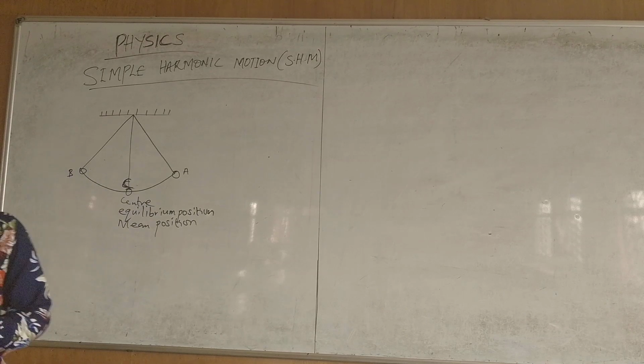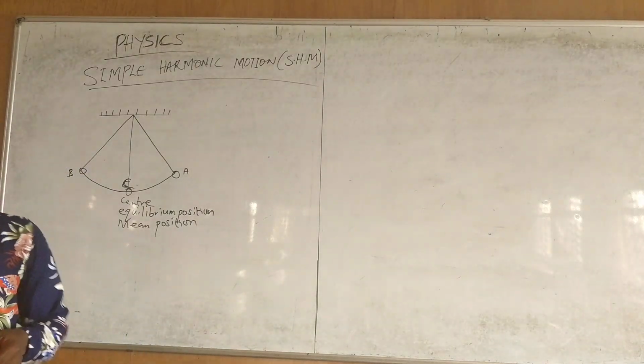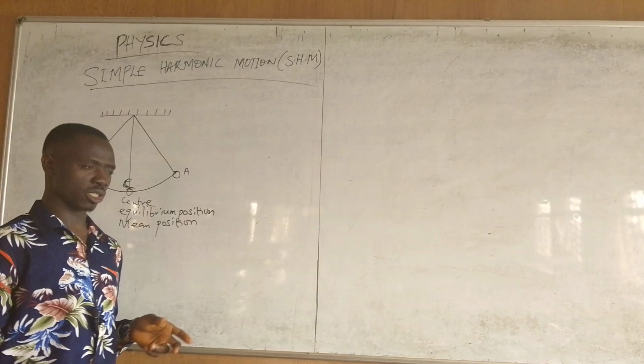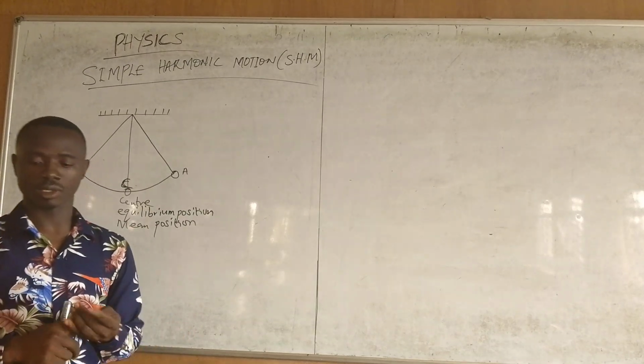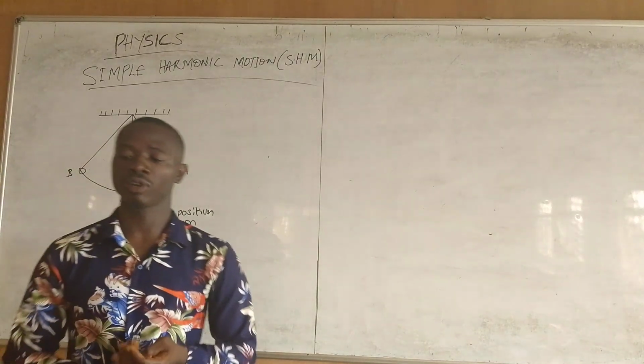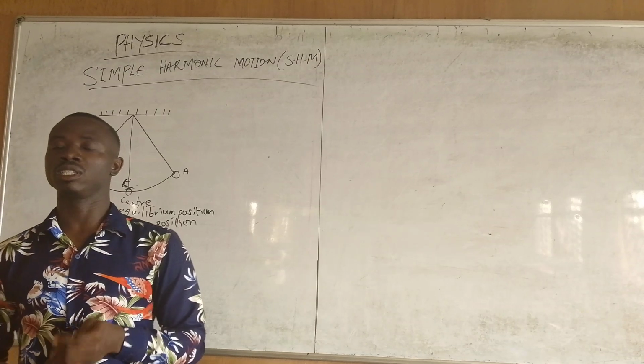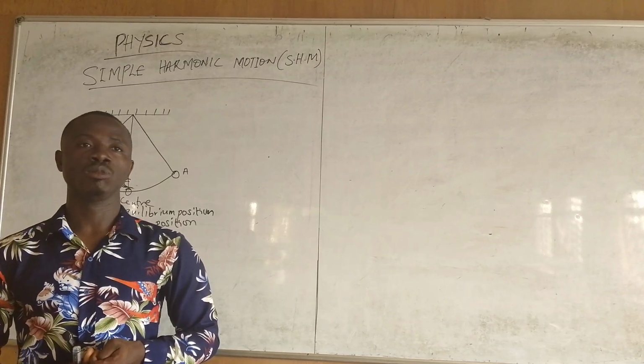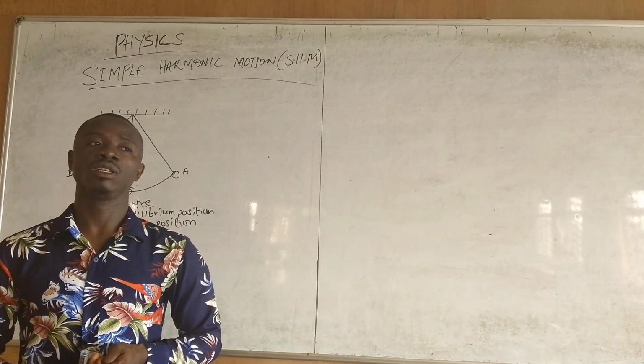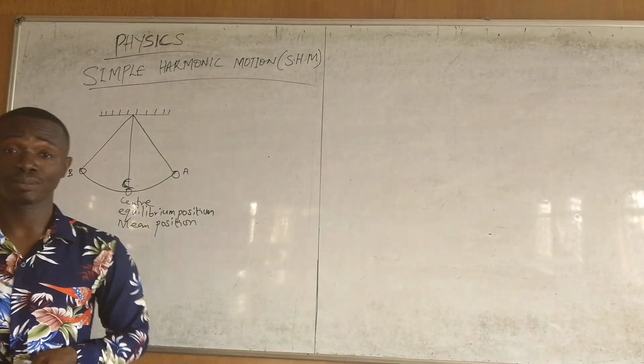Other examples of bodies undergoing simple harmonic motion, I believe you know them. Can you mention them? We have a vibrating tuning fork, the beating of the heart, the motion of the piston of a gasoline engine.